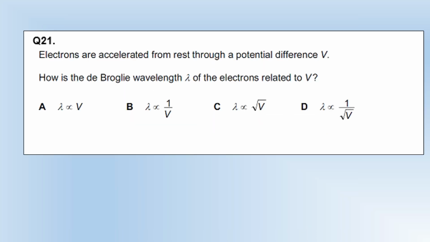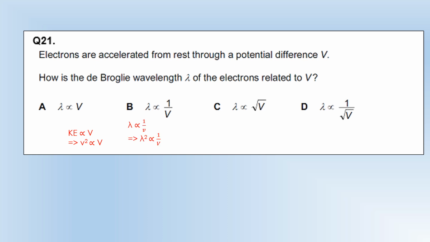Electrons are accelerated from rest through a potential difference V. How is the de Broglie wavelength related to V? So the first thing is the kinetic energy is directly proportional to the potential difference, because essentially the kinetic energy is determined by the work done by the electric field. Okay, and then that means, because kinetic energy is proportional to velocity squared, that velocity squared is proportional to the potential difference.